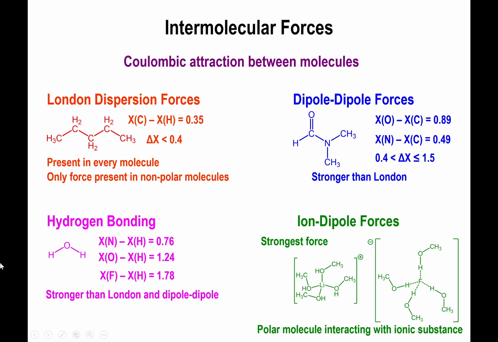And for those molecules that do contain nitrogen-hydrogen, oxygen-hydrogen, or fluorine-hydrogen covalent bonds, you will have hydrogen bonding additionally. Later in the course, we'll talk about ion-dipole forces for some of the molecules that will involve metals. But for now, the first three, London dispersion, dipole-dipole, and hydrogen bonding will suffice.